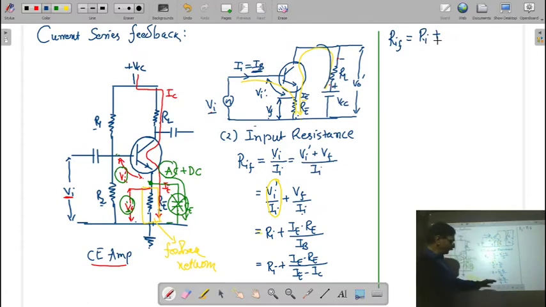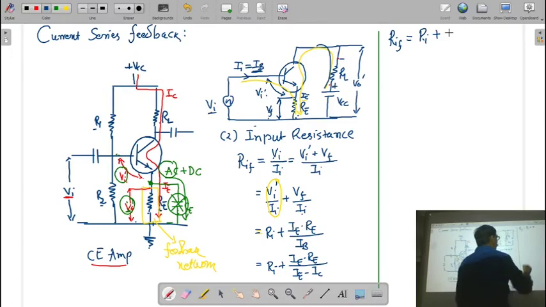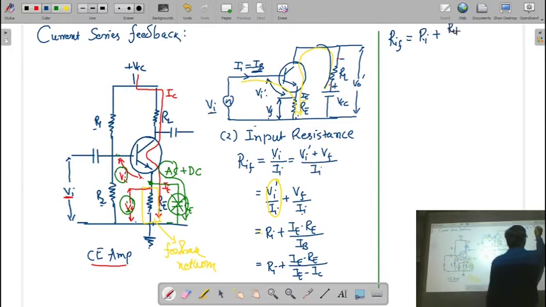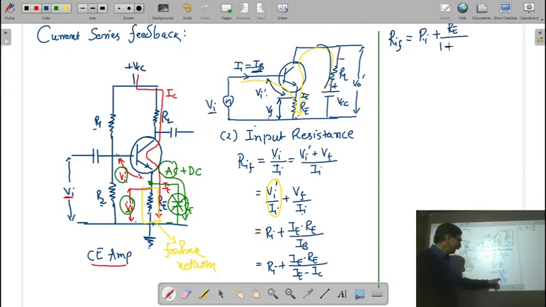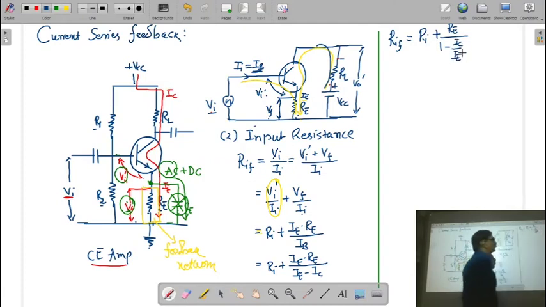So here, if we divide by IE, then this is equal to RI plus RE divided by 1 minus IC by IE, because IE divided by IE will be 1. Correct?